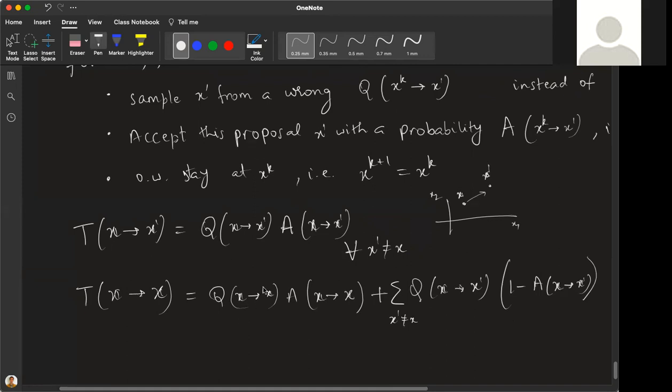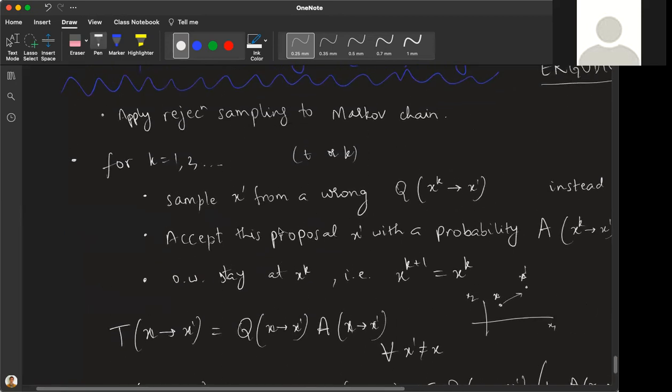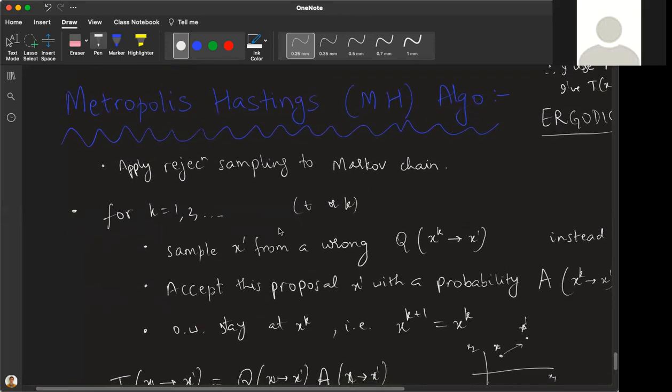So if it is equal to x, then you stay there. If it is not equal to x, then you go somewhere else. So that is it. This is my Metropolis Hastings algorithm.